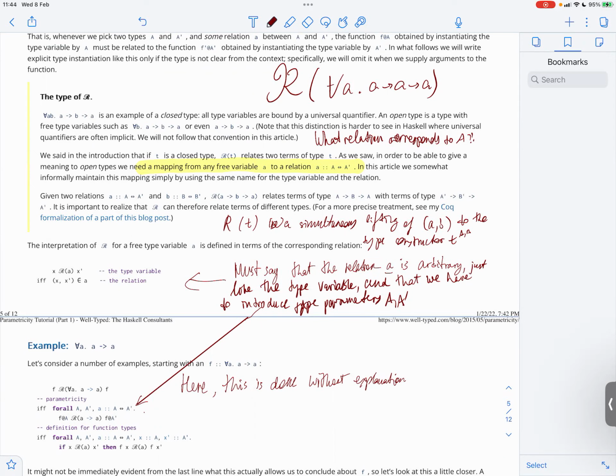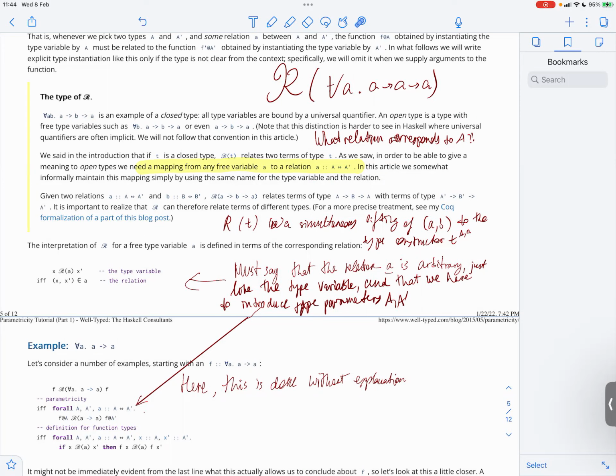Like for example, we have mapping a free variable A to a relation A from A to A. Now it's not explained that you have to introduce new arbitrary relations and new arbitrary types, and you have to lift that relation to a type constructor with respect to those type parameters, and so on.